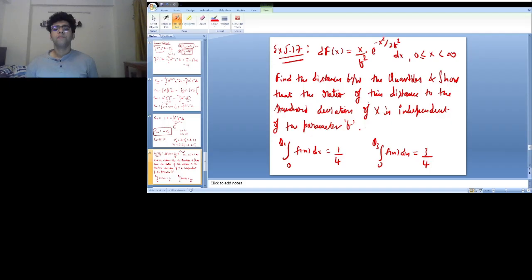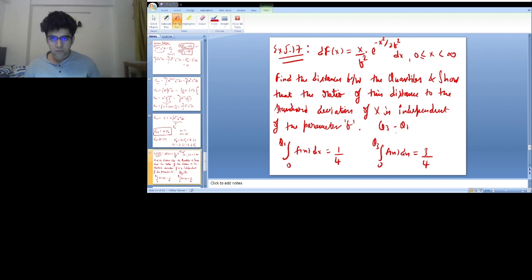Now this question says that we need to show that q3 minus q1 upon sigma, the standard deviation, should be independent of b. This whole term should be independent of b.